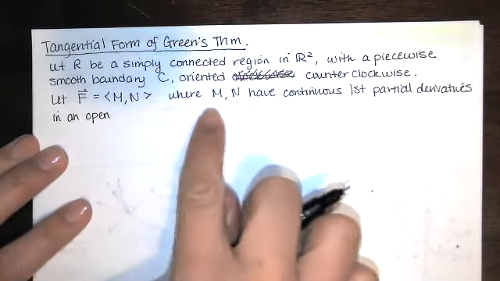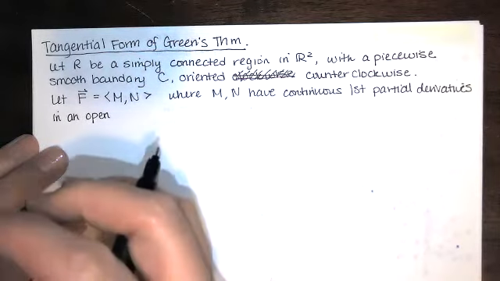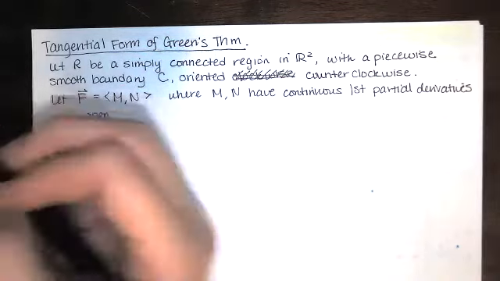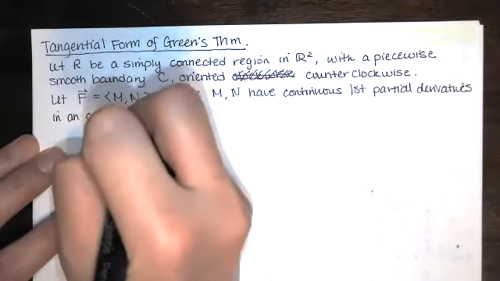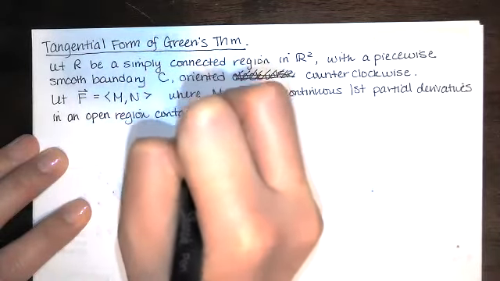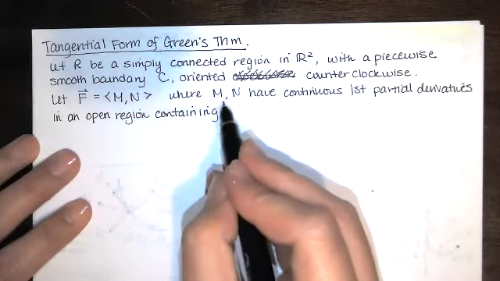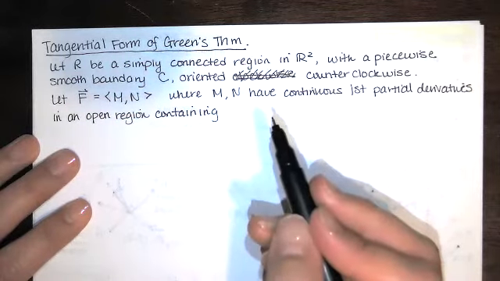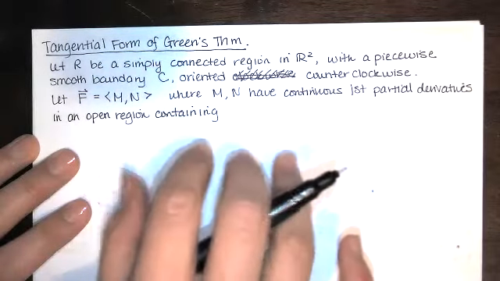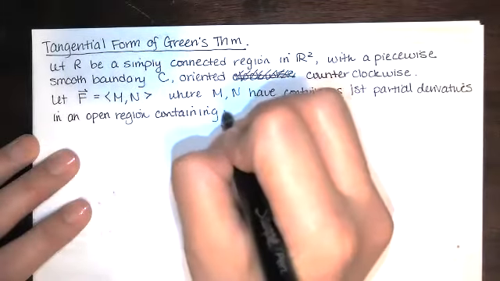We just mean that M and N have to have continuous first partial derivatives on R, on the interior of R, and on the boundary of R. In order for M and N to have continuous first partial derivatives on the boundary, they have to have continuous first partial derivatives in an open region containing R.